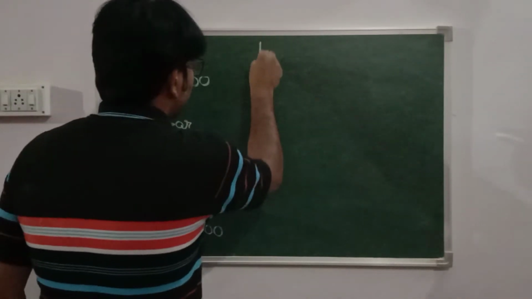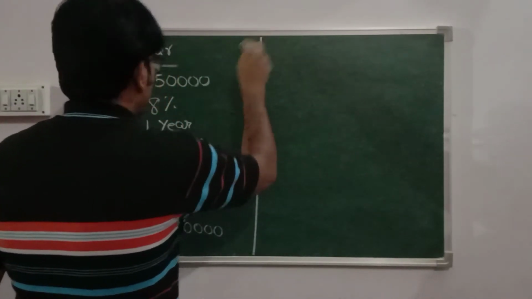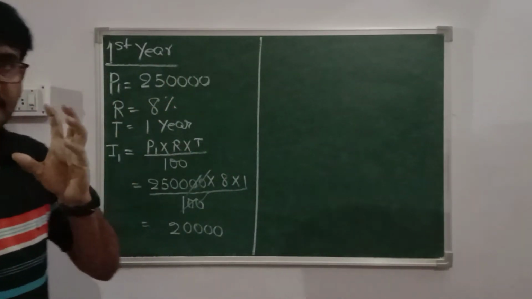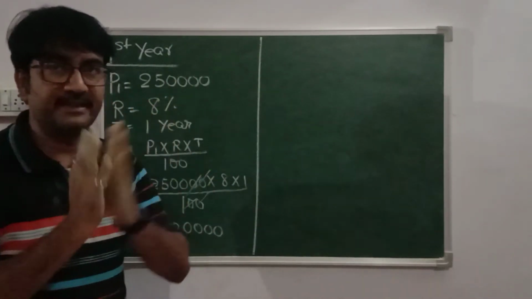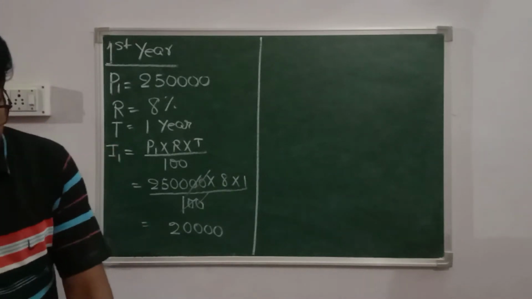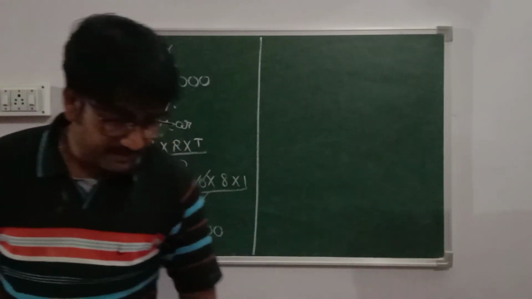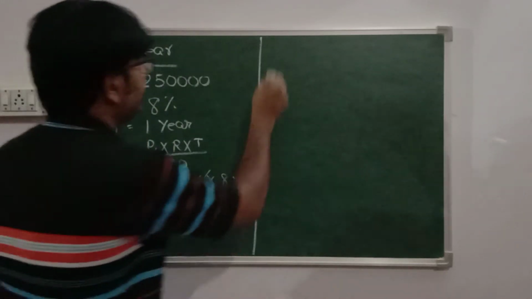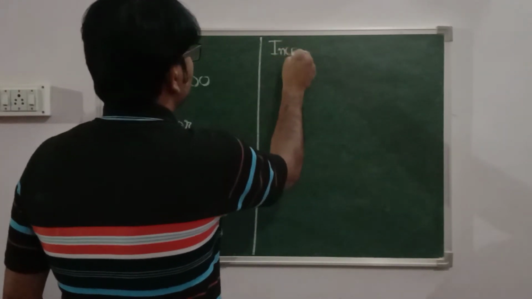20,000. So now 20,000 is the interest for the first year. Now what is the amount of tax to be deducted? It is 10%. According to the question, 10% of the interest is to be deducted as the income tax. So what is the value of income tax?